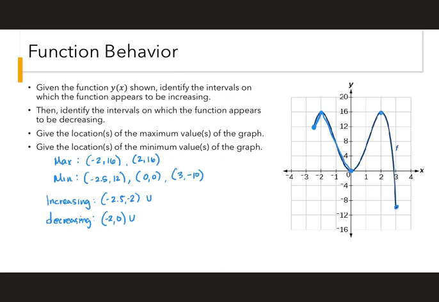Okay, from here to here. Then it increases from 0 to 2 and decreases from 2 to 3. Okay, so we've got all of our pieces, everything's identified, we are set.